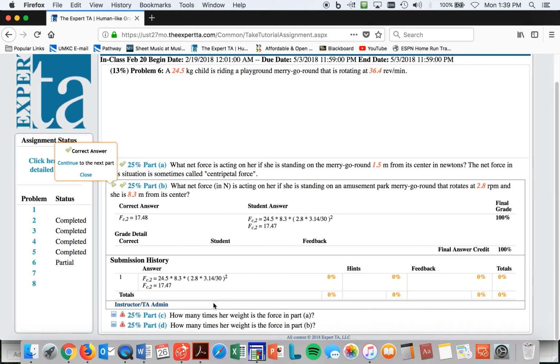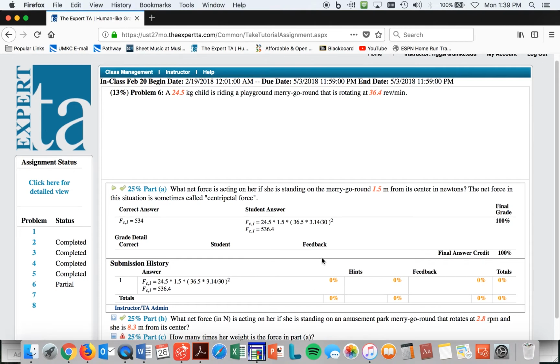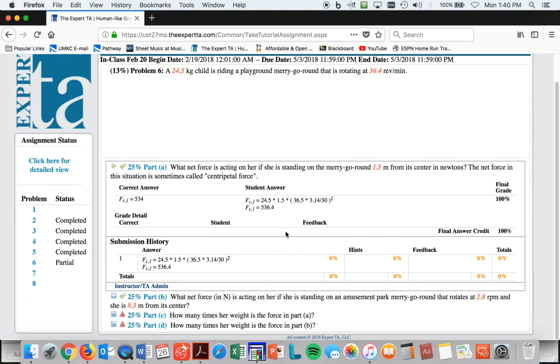So how many times her weight is the force? In part A, what was her answer? They got 536.4 newtons. So how many times her weight is the force in part A?